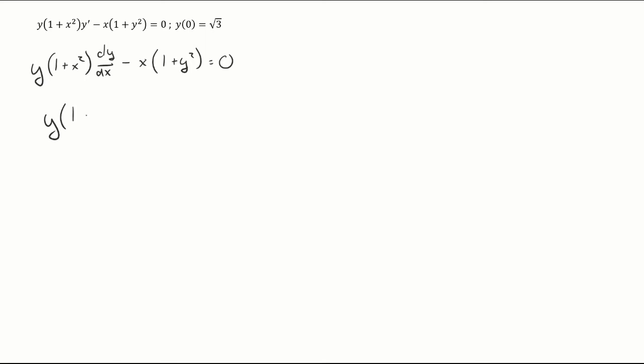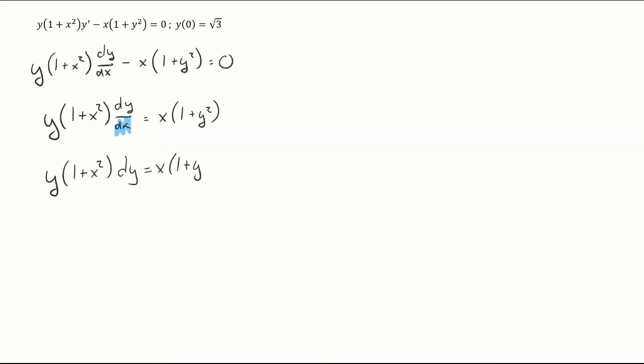So in this case, we're going to add that second chunk over to the right side. So we have this equals x times 1 plus y squared. I'm going to have to get that 1 plus y squared back over to the left. But first, I want to deal with this divided by dx portion. So I'm going to multiply by dx, and we have y times 1 plus x squared times dy equals x times 1 plus y squared times dx after I multiply both sides.